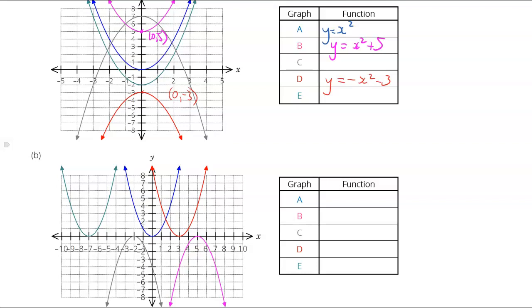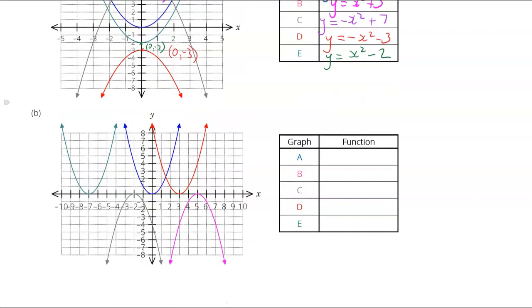The grey coloured one, I'll use purple here, has a turning point at (0, 7), which means it's a max, so it's negative x squared plus 7. And that last one turns at (0, -2), so y equals x squared take 2.